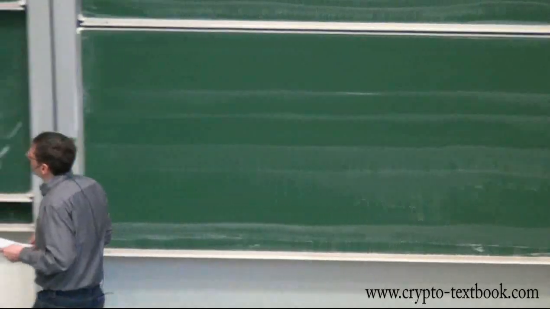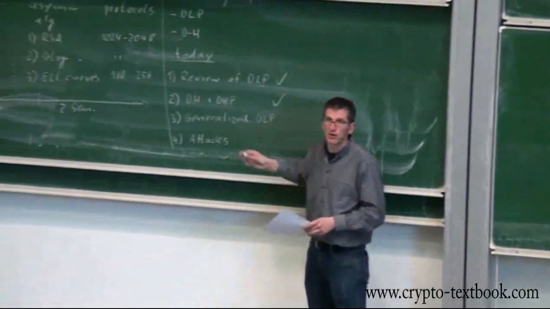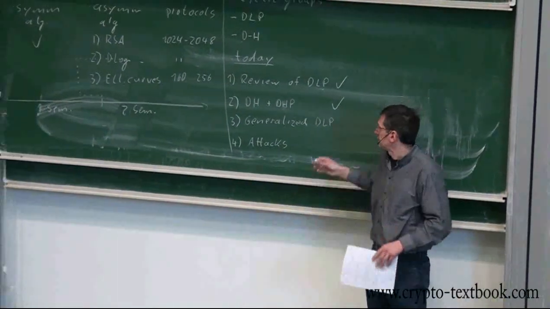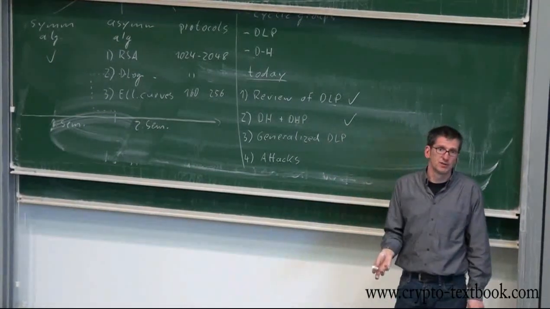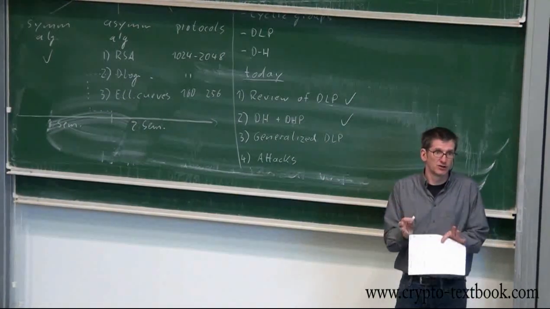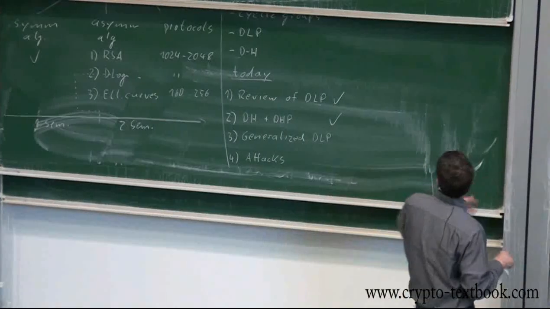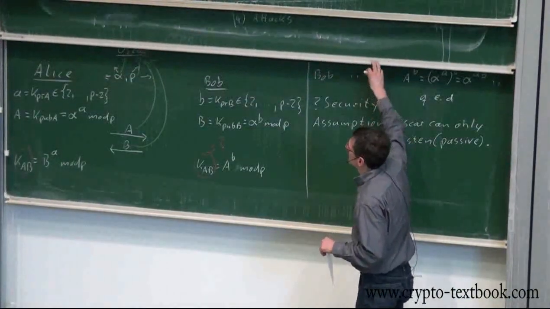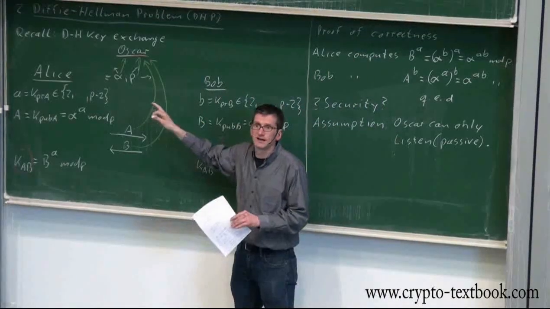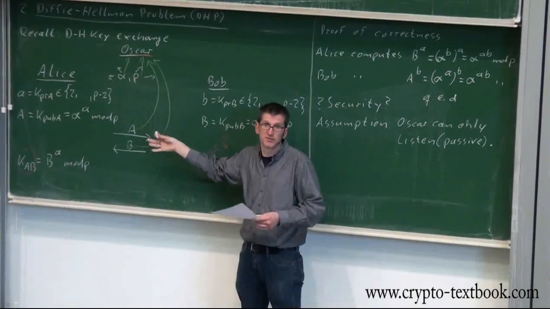What we want to do now, and I think it's getting more and more interesting, is look at generalizing this problem. Diffie-Hellman looks like kind of a funny protocol, pretty simple and cool.